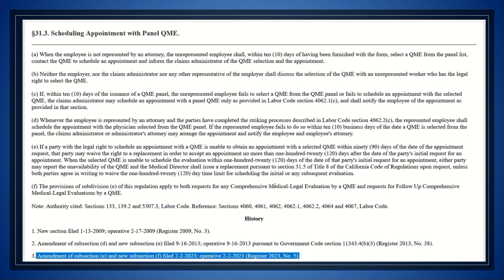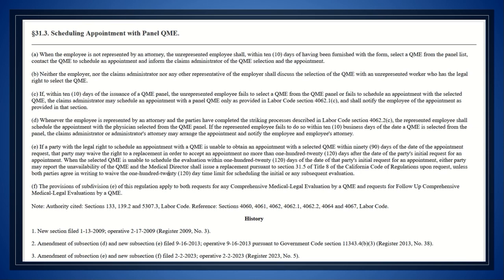So it's important to be aware of it that, you know, the initial request has a 90-day limit where the party scheduling the appointment, they can decide that after 90 days, they can request a replacement panel. They can agree to waive their right for a panel and wait for you as many as 120 days.